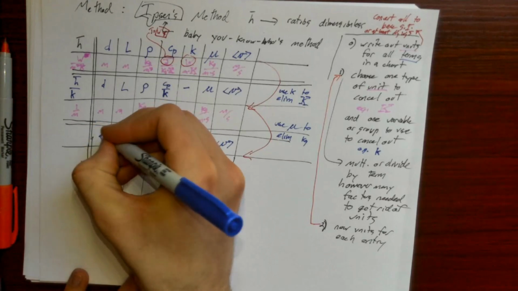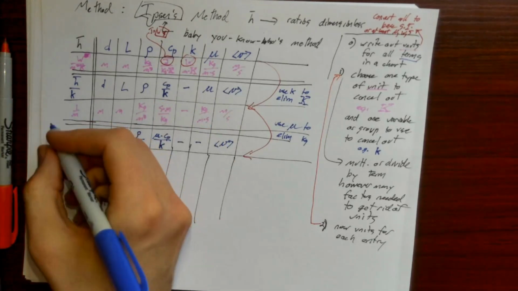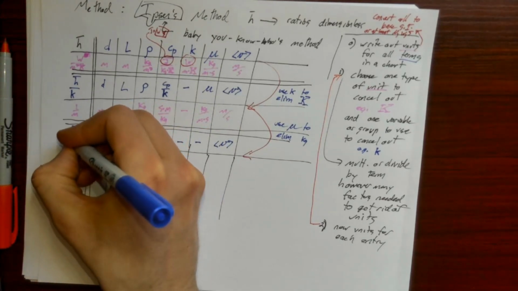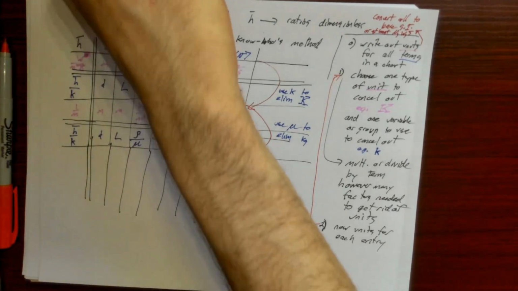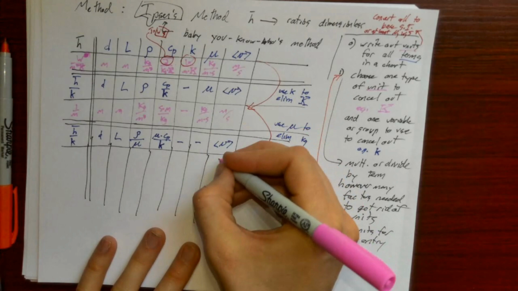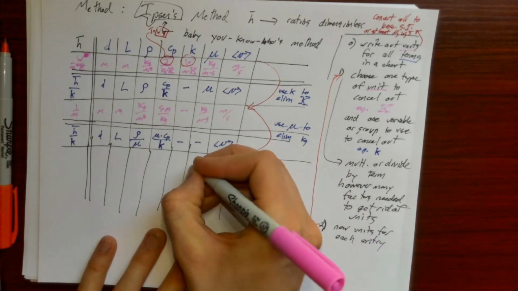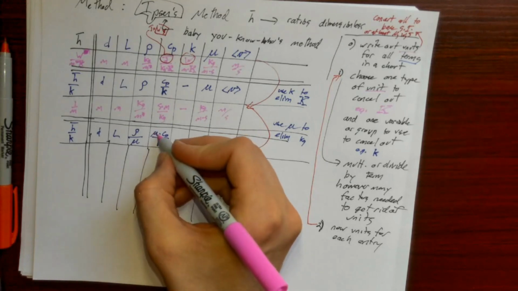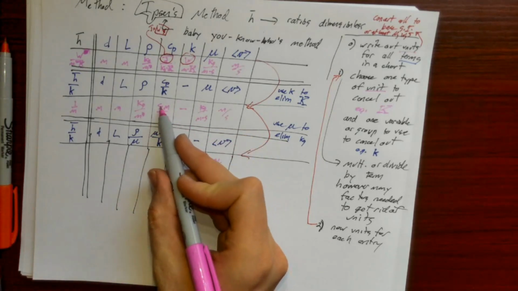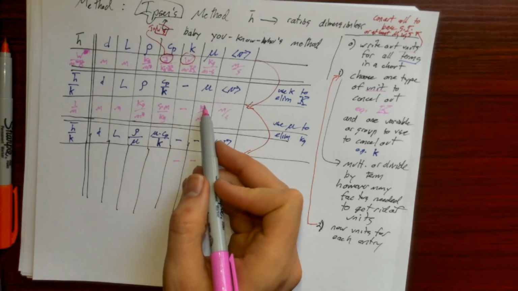D and L, neither of them have units of kilograms, nor does our H bar over K. So what does that mean? Well, velocity still has meters per second. Neither of these terms I've gotten rid of. Mu Cp over K, this was second meters per kilogram, and this was kilogram per meter second.